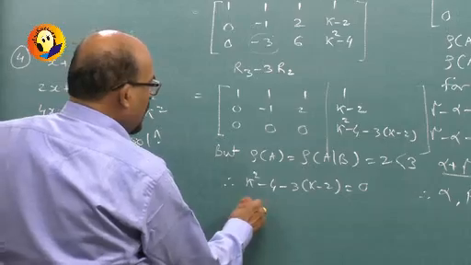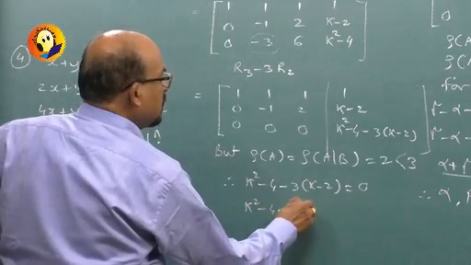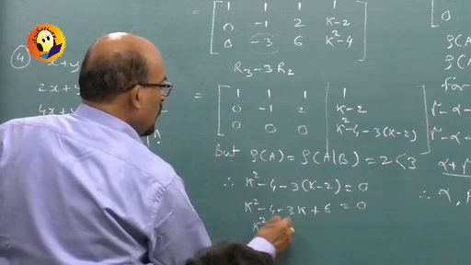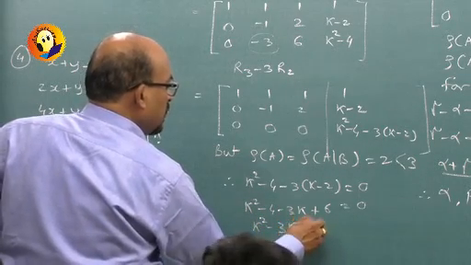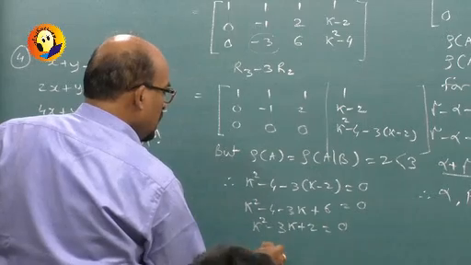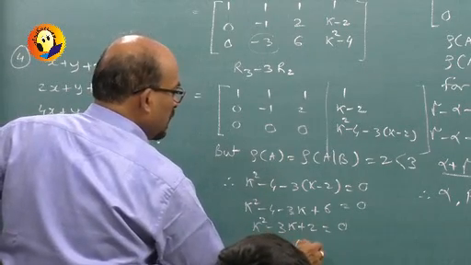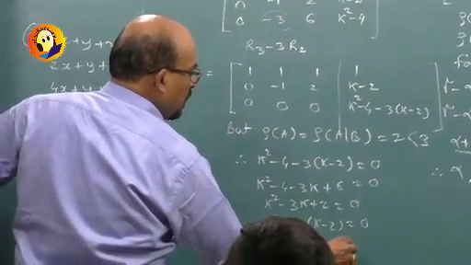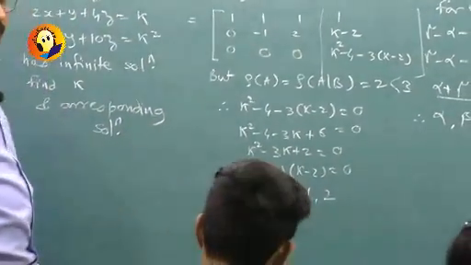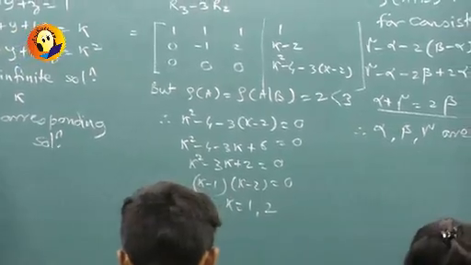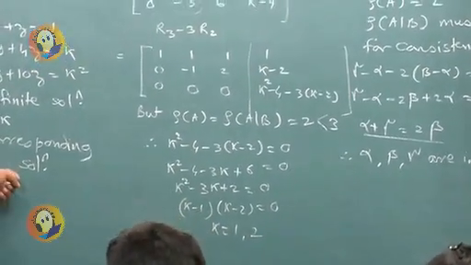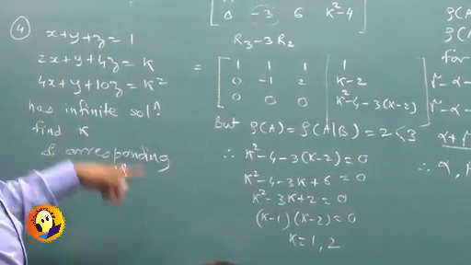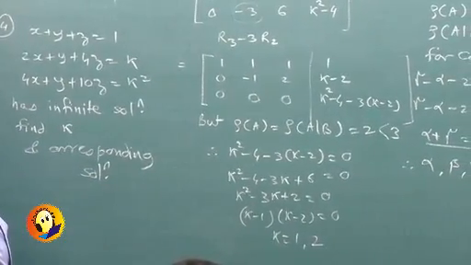And so we have k square minus 4 minus 3k plus 6 equal to 0, or k square minus 3k plus 2 equal to 0, which is nothing but k minus 1 into k minus 2 is 0. We have k equal to 1 and 2. And that's why it says find corresponding solutions. So we will have one solution for k equal to 1, one solution for k equal to 2. Right?